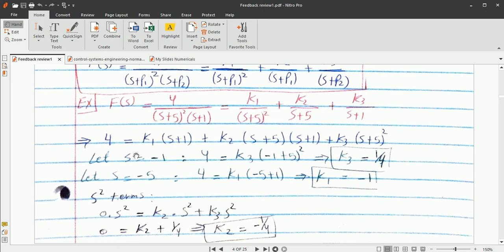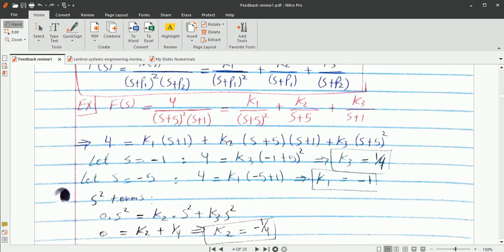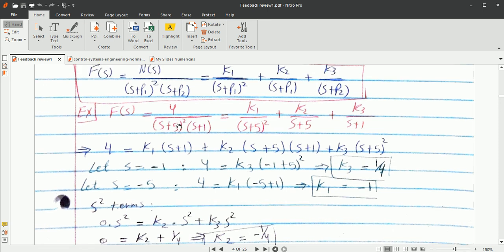So for example, you have this question: 4 over s plus 5 whole square into s plus 1, that will be k1 over s plus 5 whole square plus k2 over s plus 5 plus k3 over s plus 1. So you cross multiply it, you get 4 equals k1 into s plus 1, plus k2 into s plus 5 into s plus 1, plus k3 into s plus 5 whole square.